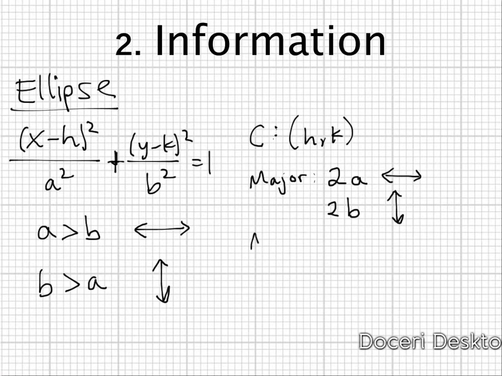The minor axis is just going to be the opposite. So for left to right, we have 2b, and for up and down, we have 2a.